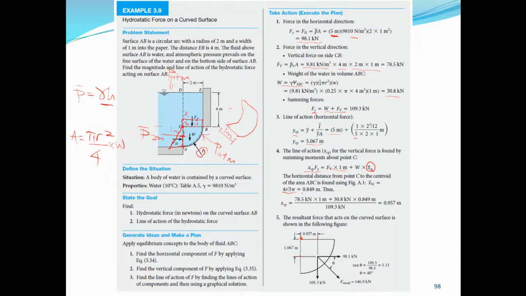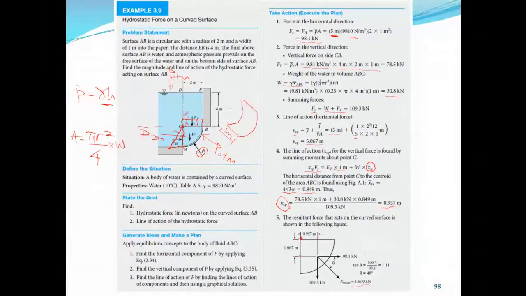Once we find x bar W, we substitute it here and find XCP. So XCP, the x component, is now 0.957, which is presented in this figure. So now we have Fy, and we have Fx, and then we can find the resultant force.